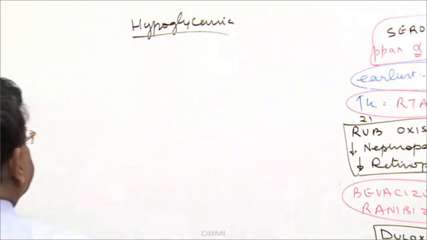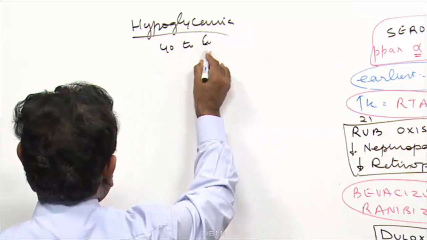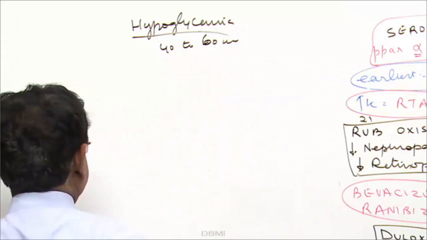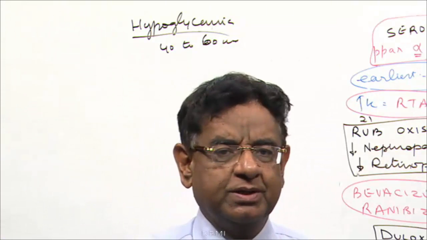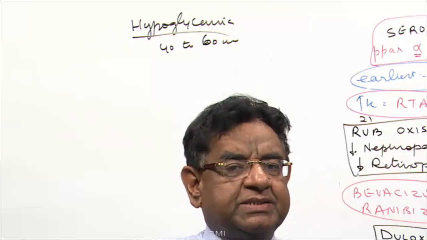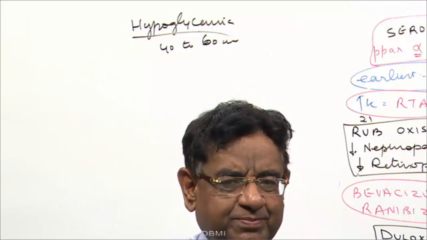Sugar value may be in the range of 40 to 60 milligram per cent. So when sugar goes down, the body secretes certain counter-regulatory hormones.